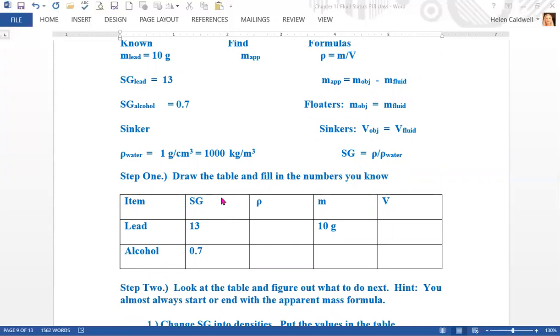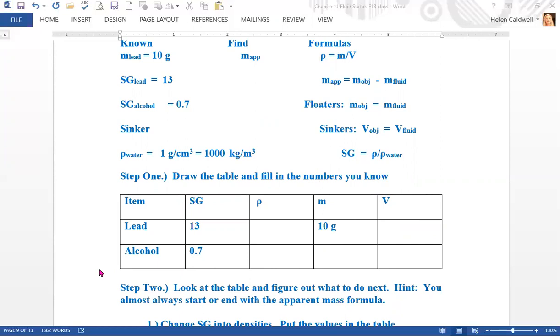Because they gave us specific gravities, we have a column for that, and I've gone ahead and put in the numbers, the 13 and the 0.7. And then we are going to need density and mass and volume to use this first formula, so we put those in the table, and the only one of those we know is the mass of the lead weight is 10 grams. Normally, I leave the units exactly the way they're given in a problem unless they tell me otherwise, because normally it's easier.